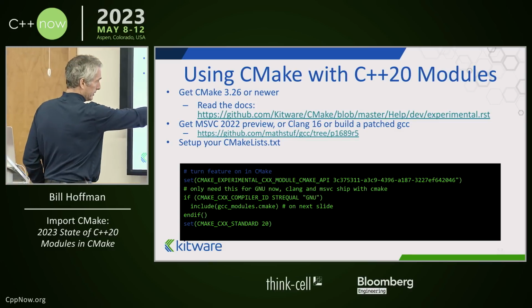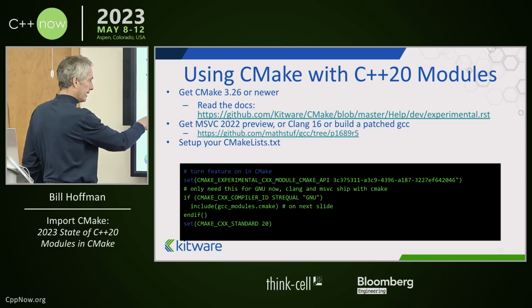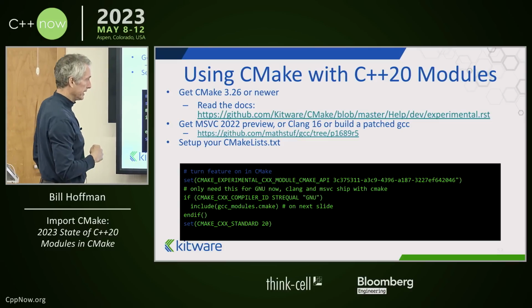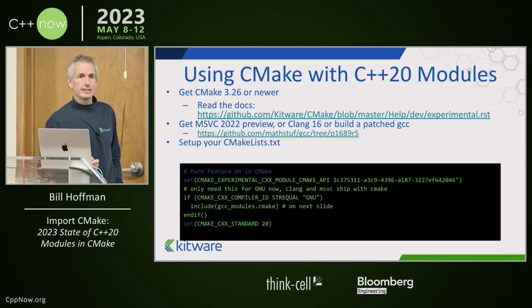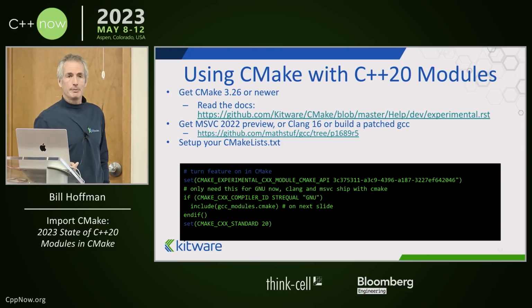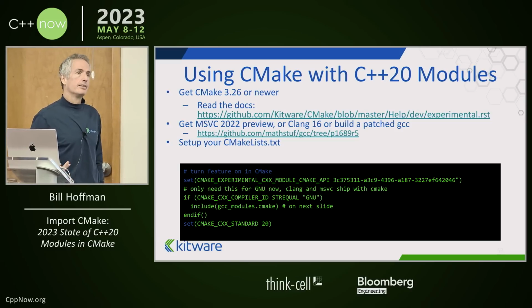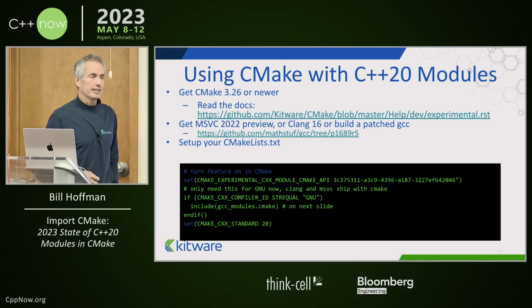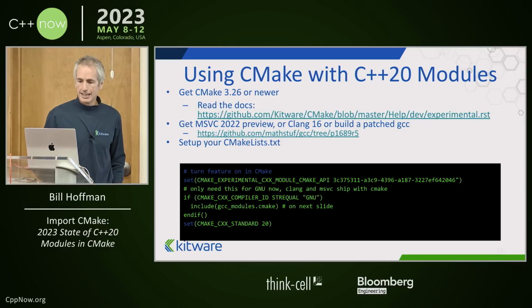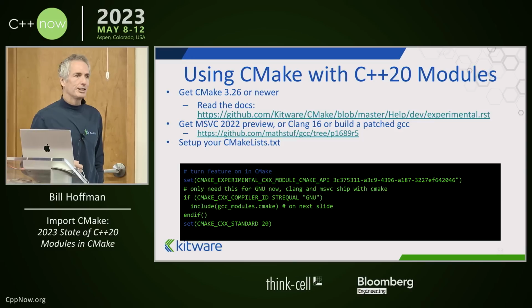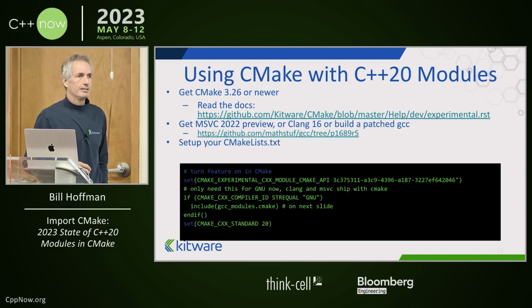Right now you still have to use the experimental module API, and for the GNU compiler you still need to include basically the CMake code that teaches CMake how to use the scan dependencies of that compiler. For Visual Studio and Clang, those are already in the CMake directory because they're actually in releases of compilers. And I imagine this GCC support will probably change once it gets completely upstreamed. Whatever it looks like right now probably won't look like that.